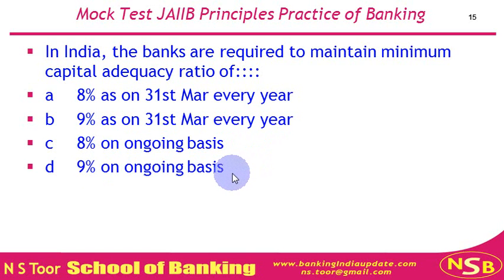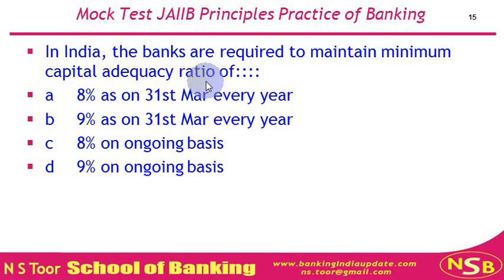As per RBI guidelines, banks are required to maintain a minimum capital adequacy ratio of 9% on an ongoing basis, related to risk weighted assets.